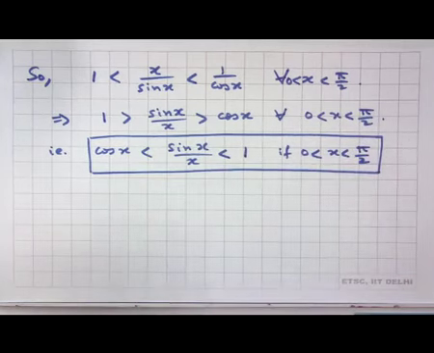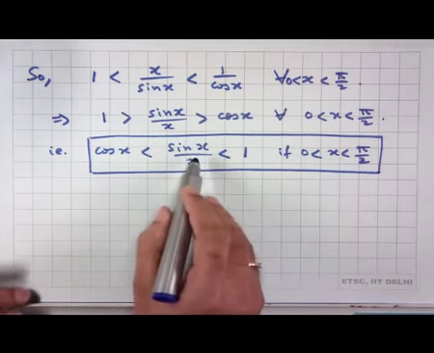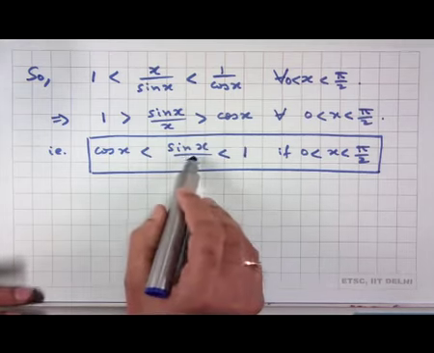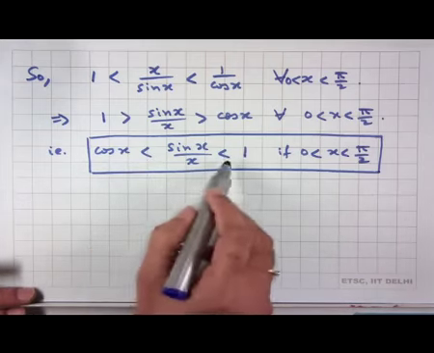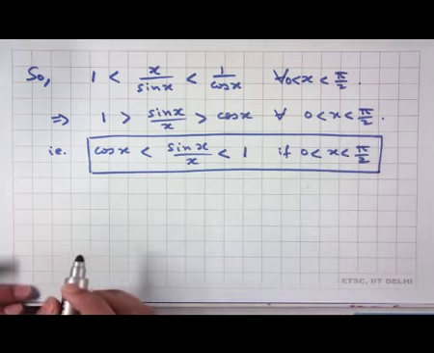Right. What we were looking for is the limit of sin x by x. What we did is we have found that sin x by x is between cos x and 1 for all x between 0 and pi by 2.